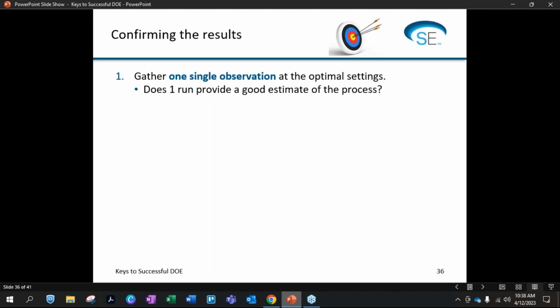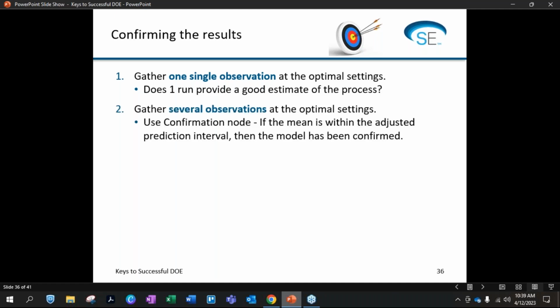Thinking about it, probably not. So let's go to number 2. Gather several observations at the optimal setting. Like, how many is several? 4 or 5 would be great. And then use the confirmation node. I'll show you that on the next screen. If the mean is within the prediction interval, then the model has been confirmed.